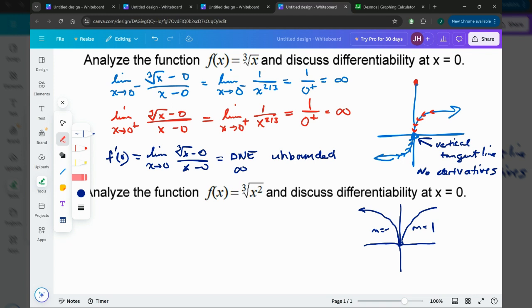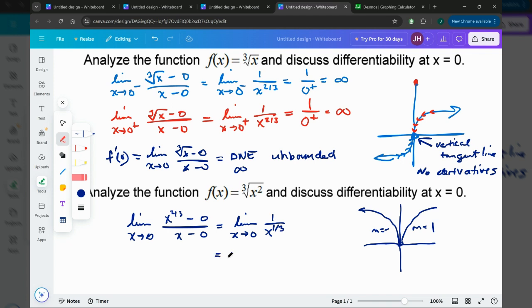Well, if the slope on the left-hand side is negative and the slope on the right-hand side is positive, they can't equal each other. So we have here again, if you took the limit as x approached 0 of x to the 2/3 minus f of 0 over x minus 0, what would happen here is I would get 1 over x to the 1/3.